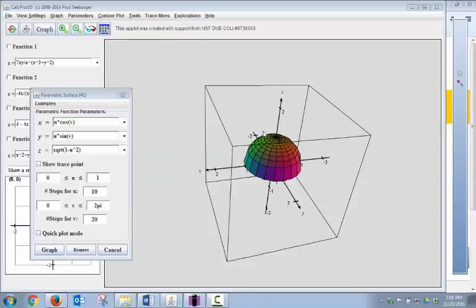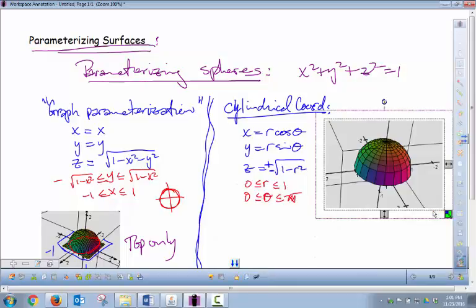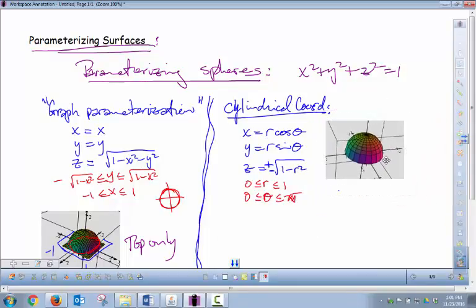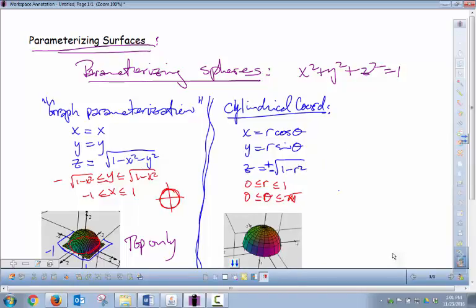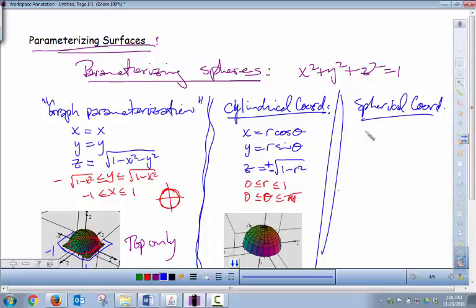But still, we have that issue that this thing is not going to cover the bottom part. Still only the top hemisphere. So to get to the bottom of it, we can go to spherical coordinate parameterization, where x is equal to sine phi, cosine theta.